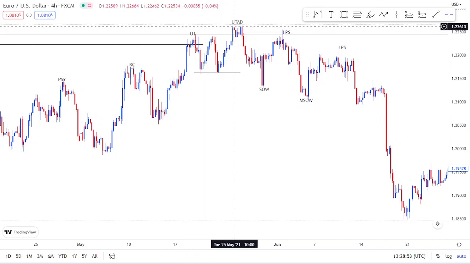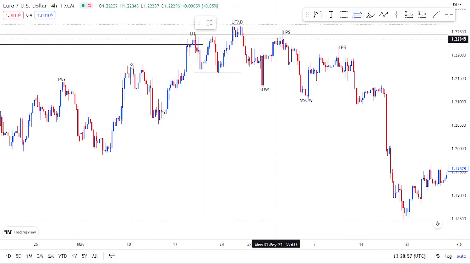From our upthrust after distribution, I like to use the Fib tool, the Fibonacci tool, but it's all hindsight. I don't use the tool myself, but when I'm teaching, it's that easy. Just use the tool and then you see it. The more you use the tool, the more you begin to see things in hindsight.